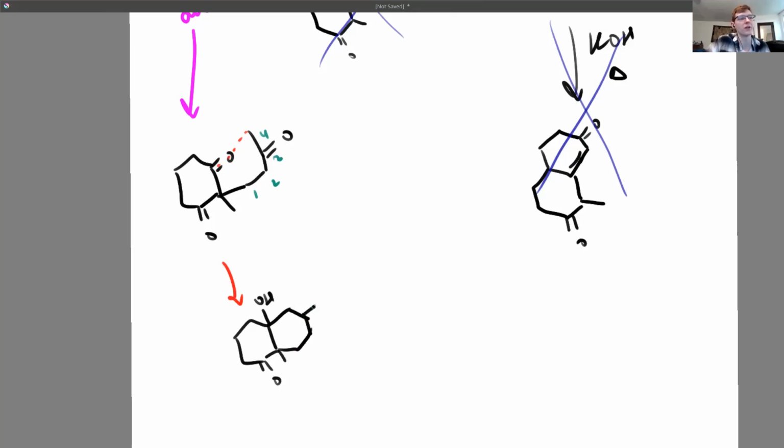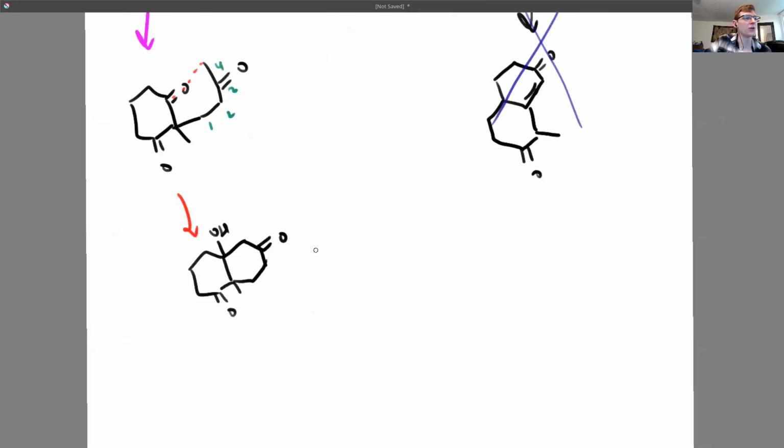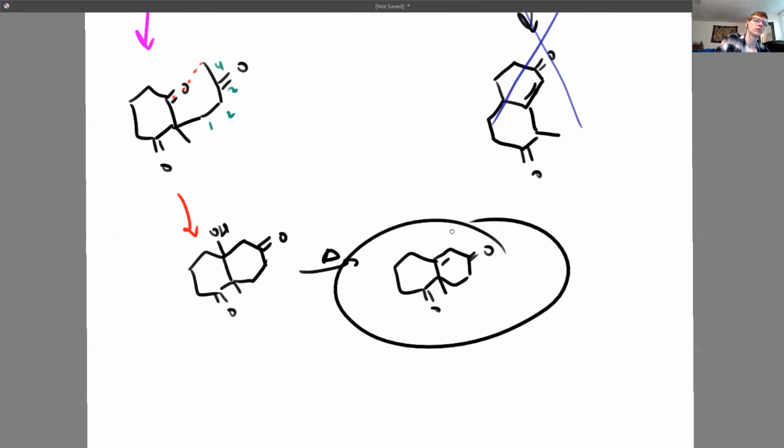No, it's a beta keto acid. So it should be there. And yeah, you could do the extra step if you want. If you heat it, then you'll get the double bond. There we go.